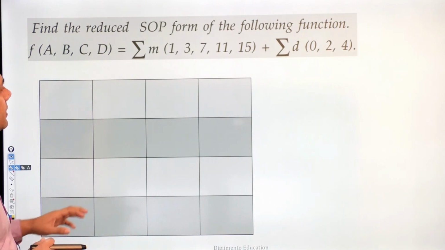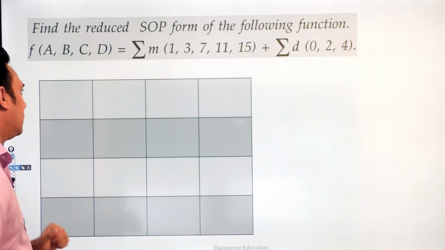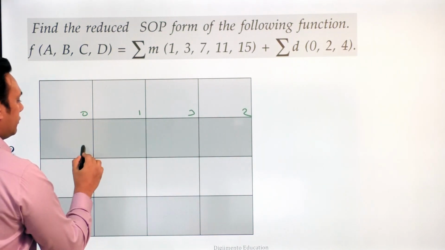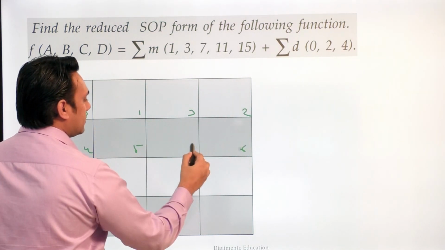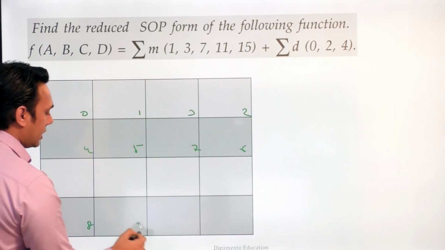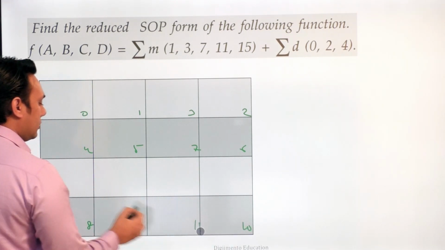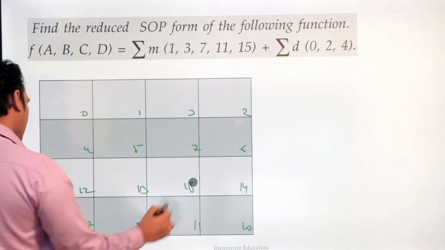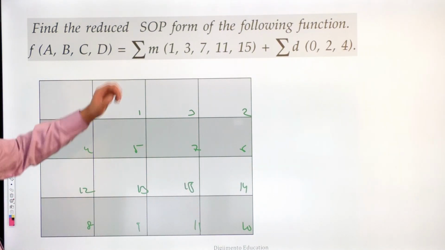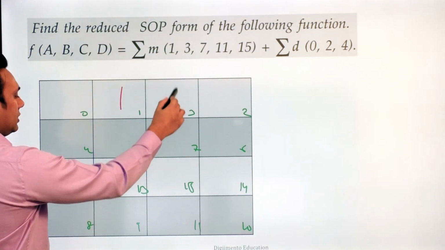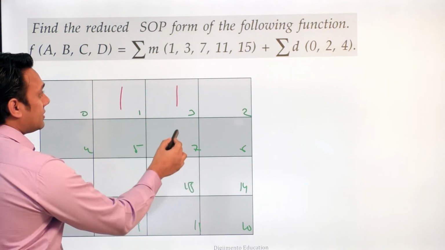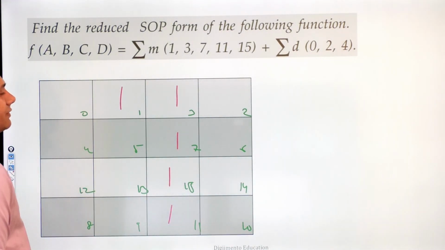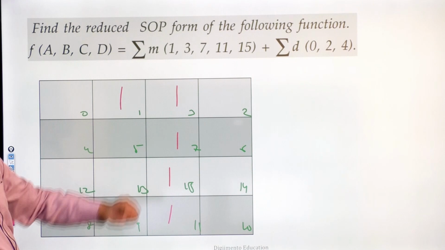So here you can see we have some minterms. Locations are 0, 1, 2, 3, 4, 5, 6, 7, 8, 9, 10, 11, 12, 13, 14 and 15. And this function assumes a value 1 in locations 1, 3, 7, 11 and 15. Okay, and we have don't care conditions at 0 to 4.